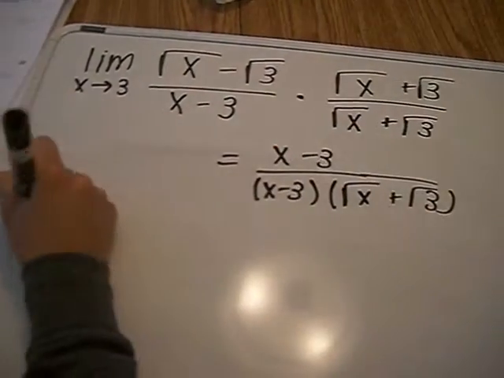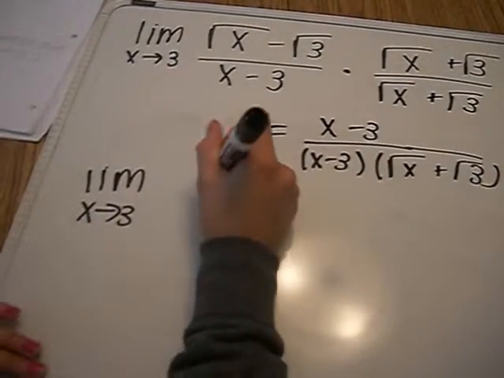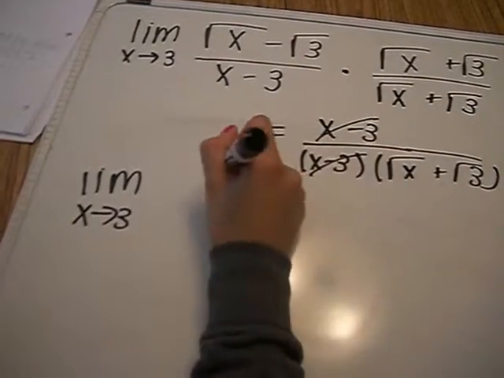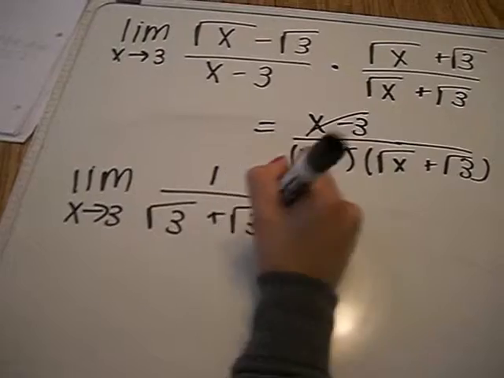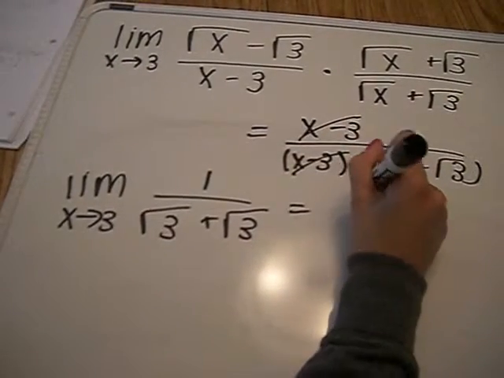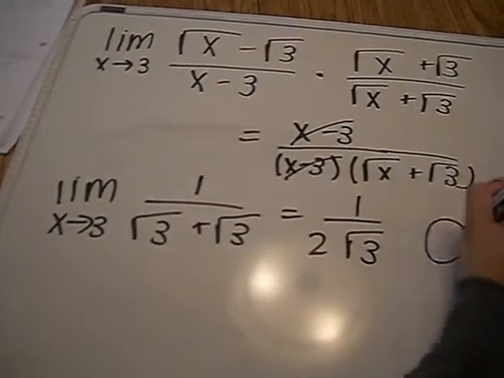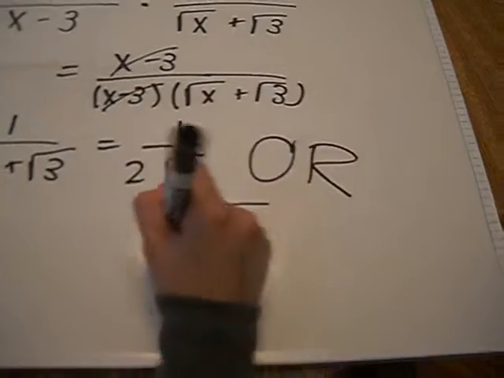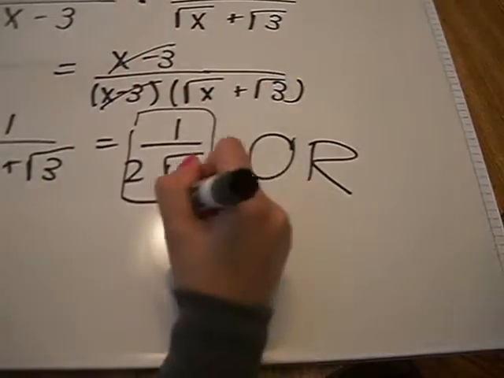And this will give us the limit as x approaches 3 of, since these cancel out, 1 over square root of 3 plus square root of 3, which gives us an answer of 1 over 2 square root 3, or, can't forget the or, square root of 3 over 6. So whichever one is for your liking, you may take.